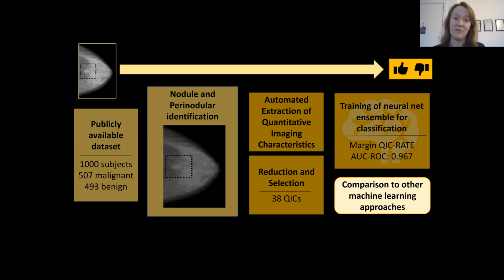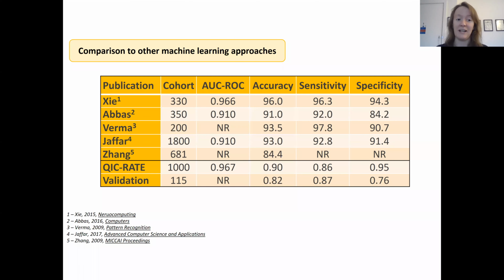Since this data set has been used by others, including these 5 papers here, we're able to see how our tool is performing compared to theirs. And we saw that we're performing on par or better in AUC ROC, and that our tool was actually much more specific. So it was better at picking out the true benign tumors, the true non-cancerous tumors, than it was able to pick out sensitivity, which was an interesting thought.